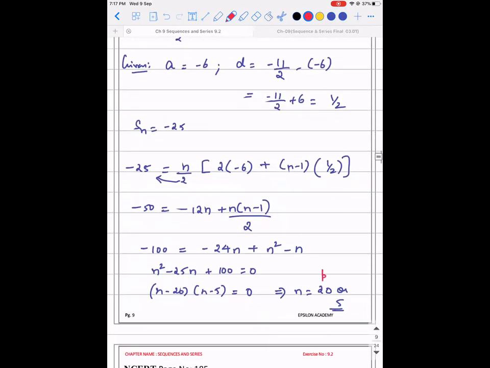This is p, this is q. Oh, actually, wait. It will not be the same because here the sum is not coming out of 0.